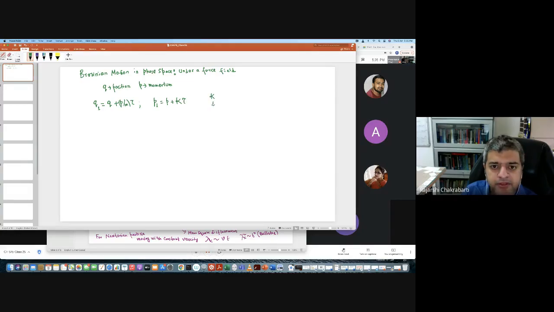This kappa is nothing but the force. This is my notation. If you have a force, the momentum changes because the force acts on the particle, and this force is not the random force. Here this force is coming from a potential, so it is actually the derivative of a potential.